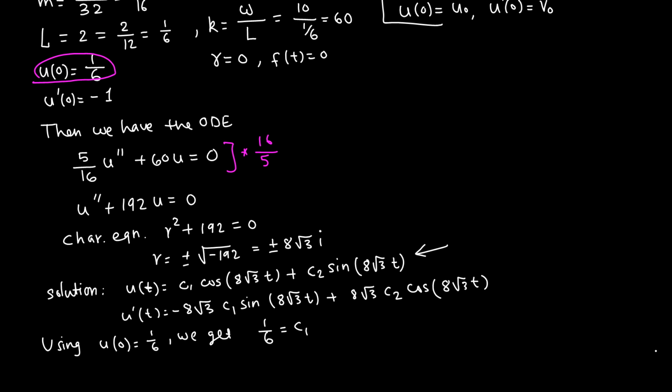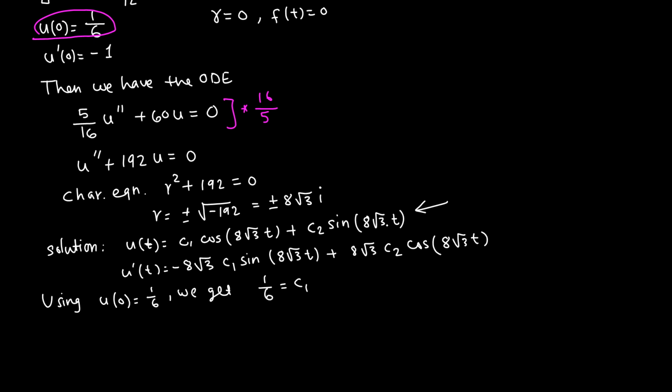Okay, and similarly let's use the second initial condition to find the second constant. So the second initial condition is here. So using u prime at 0 equals -1, we get u prime, this is -1, equals, look at here, sine t is 0, so sine 0 is 0, so the whole thing is 0.